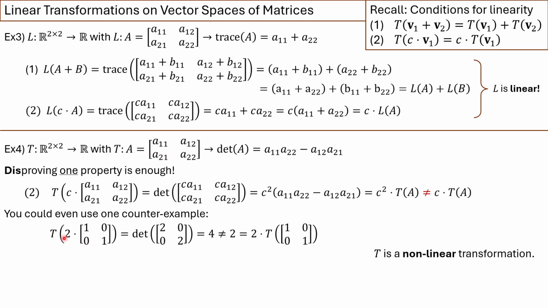If we multiply it by 2, then the matrix is 2, 0, 0, 2, right? The determinant of that is going to be 4. But if we just took the transformation applied to the identity matrix, the determinant of the identity matrix is 1. If we multiplied that by 2, we'd get 2, not 4. Therefore, this transformation T, the determinant, is a nonlinear transformation.